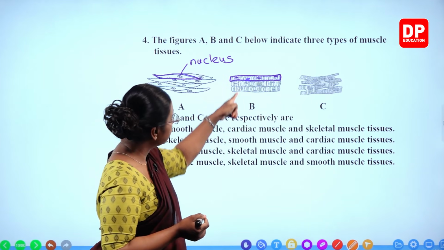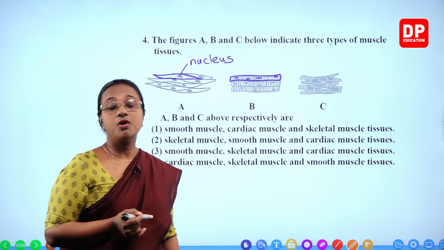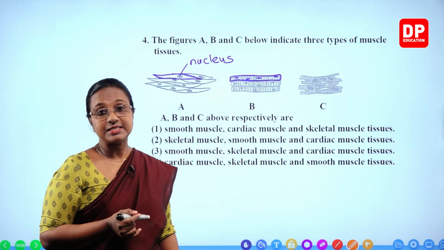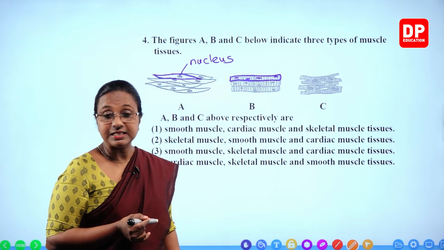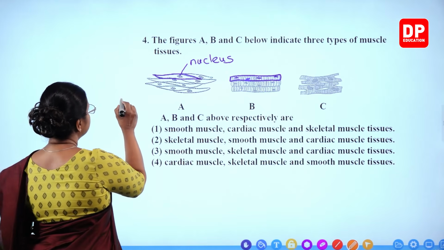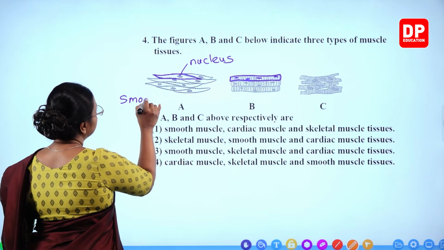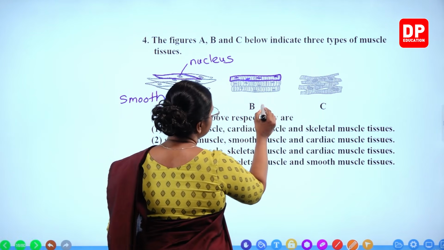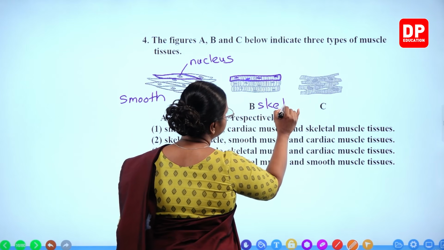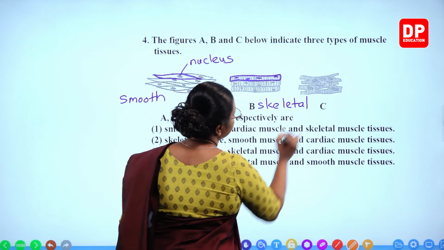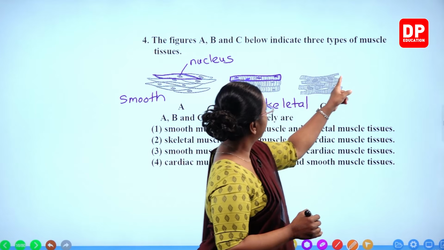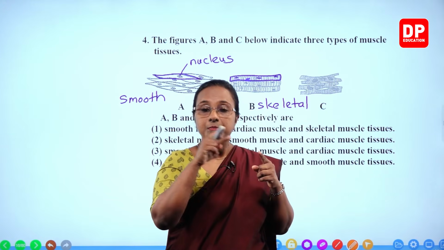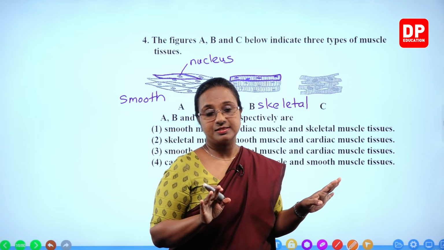And there you can see the cross striations also. So what is this? This is the skeletal muscle. Then you have identified this as the skeletal muscle.